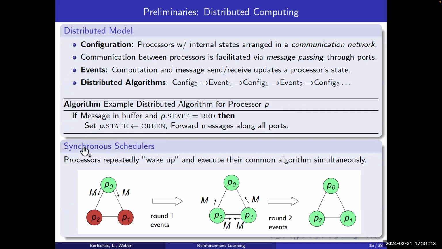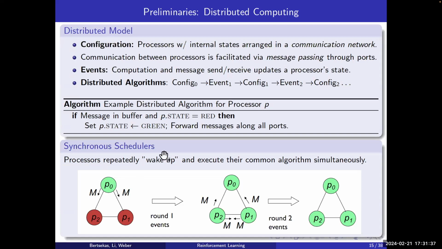In this, the processors repeatedly wake up and execute their common algorithm simultaneously. So this is divided into rounds. In a synchronous round, everybody wakes up, they execute their algorithm that they have on board, and then they go back to sleep, and then we repeat this. So everything is kind of nice and synchronized.